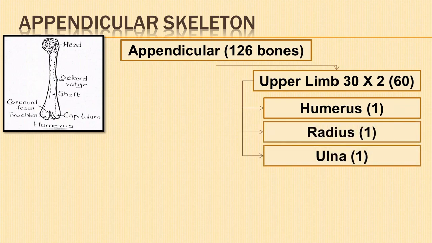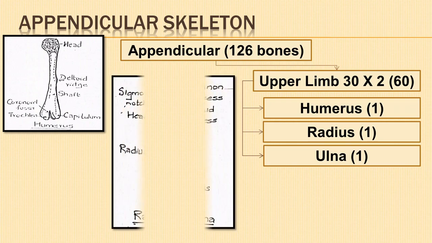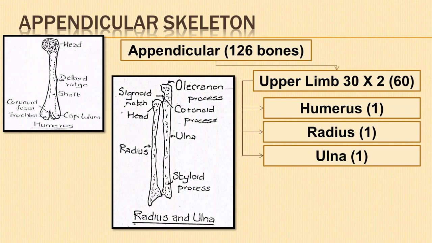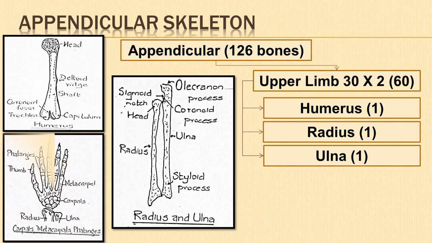Bones of the forearm are the inner radius and outer ulna. They are long, parallel bones. Both radius and ulna articulate with each other at both ends. Bones of hand.